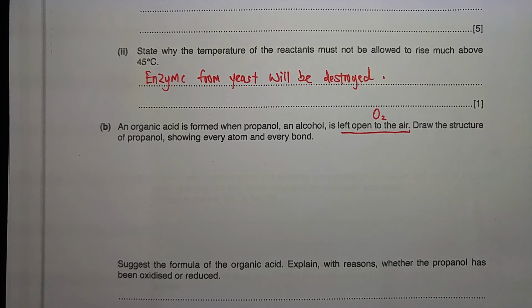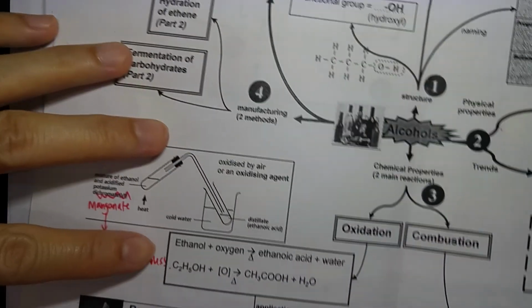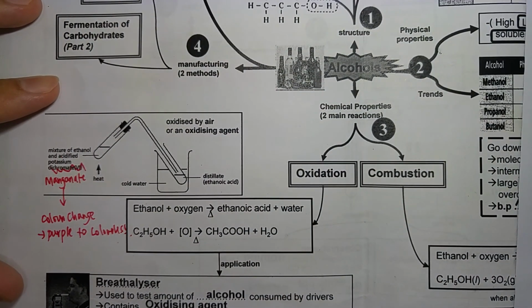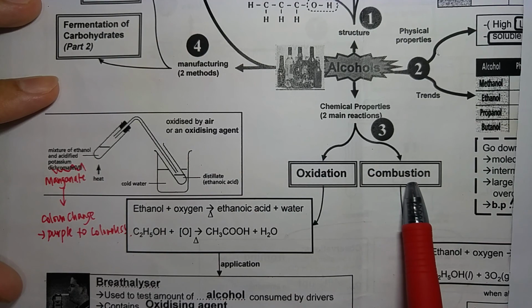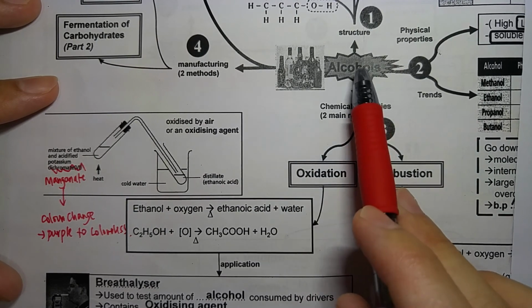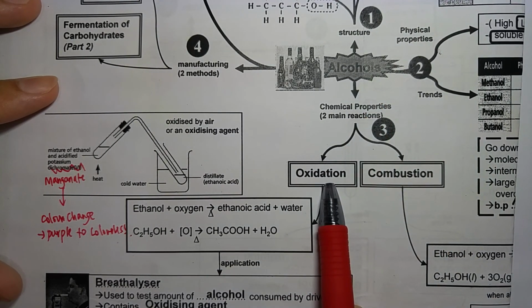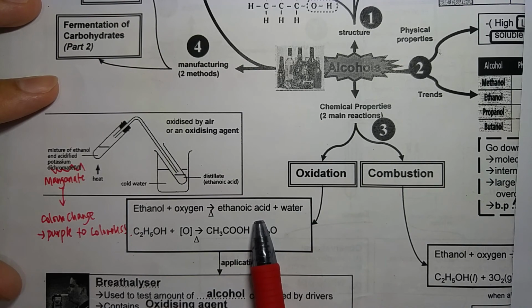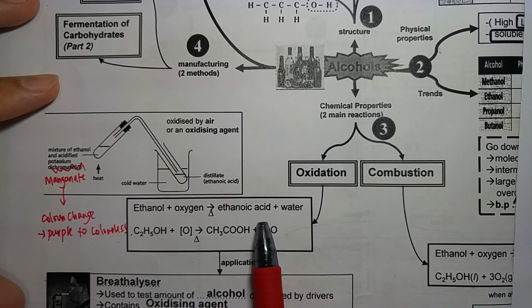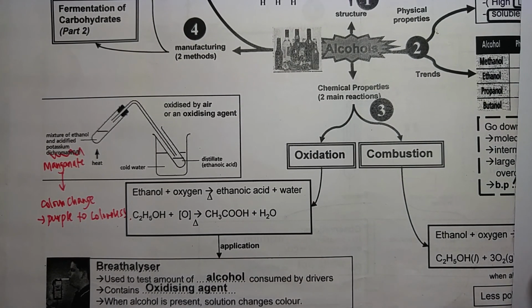So you can try to recall the reactions that alcohol undergo. Again from the first page of our mind map, we know that alcohol undergo 2 reactions: combustion and oxidation. And oxidation, when alcohol reacts with the oxygen in the air, it will form carboxylic acid. So in this case, ethanol will form ethanoic acid.